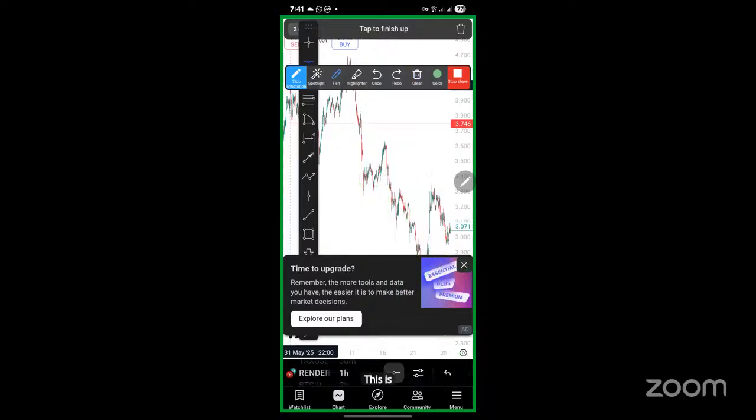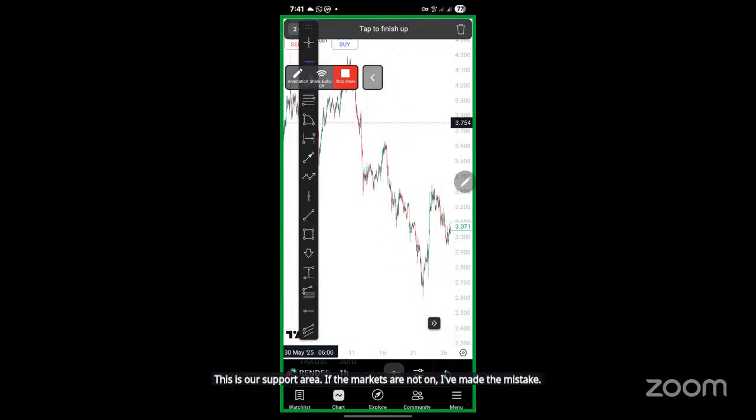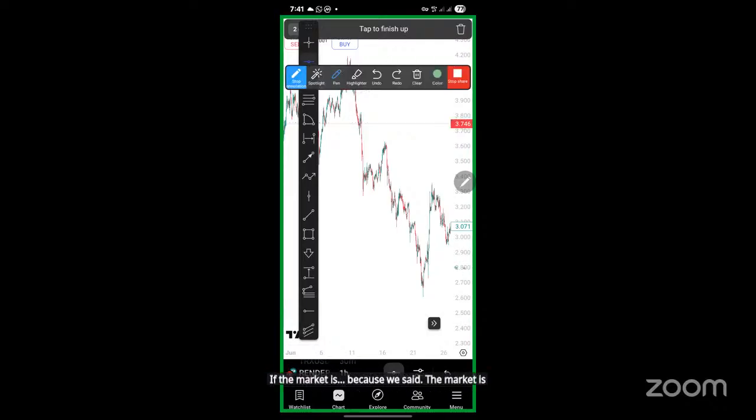This is our support area. Sorry, I've made a mistake. Because we said the market is growing here. So if the market is moving down, our trend line will be up. So it will be making our support. Why? Because we want to find a breakout here.